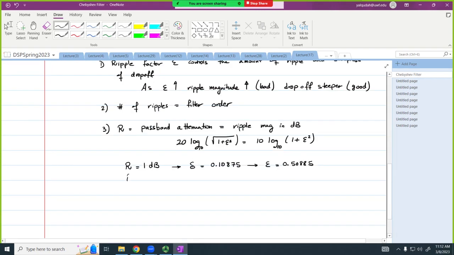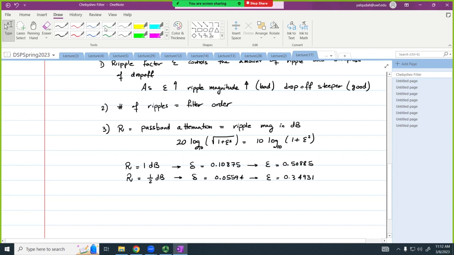And if I have a ripple magnitude equal to 1/2 dB, then that corresponds to a delta equal to 0.05594, and that will correspond to an epsilon equal to 0.34931.